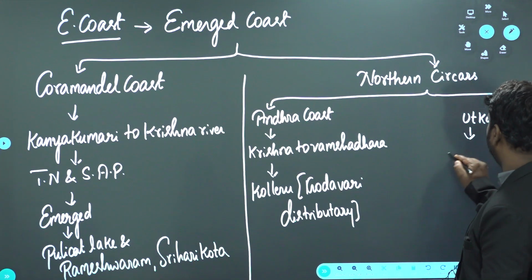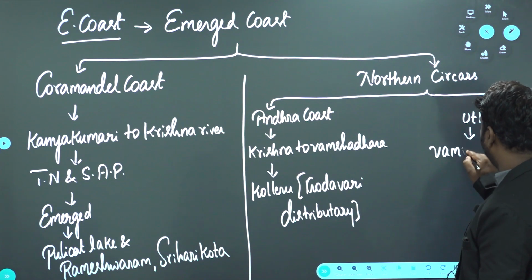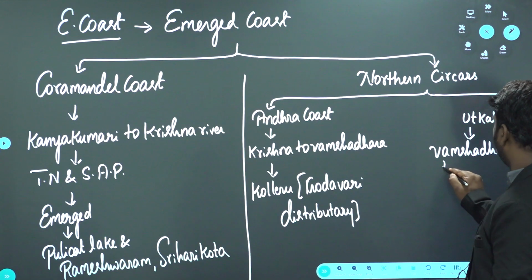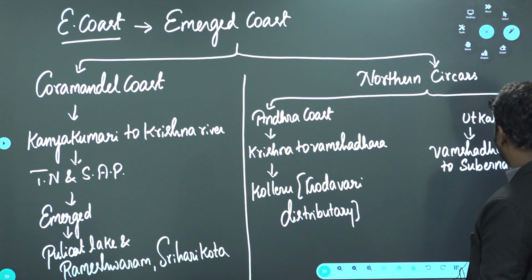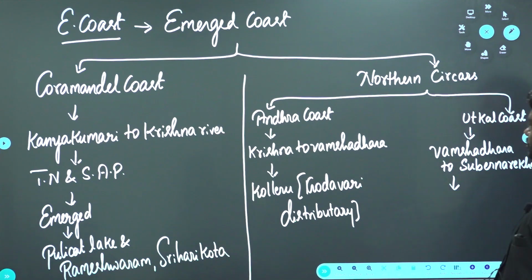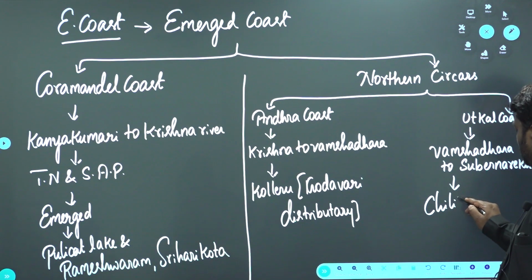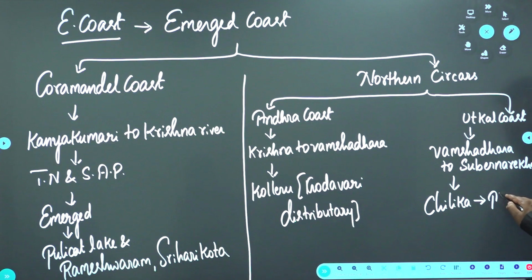Utkal coast, from Vamshadhara to Subarnarekha. Chilka Lake is there, into which Mahanadi distributary enters.